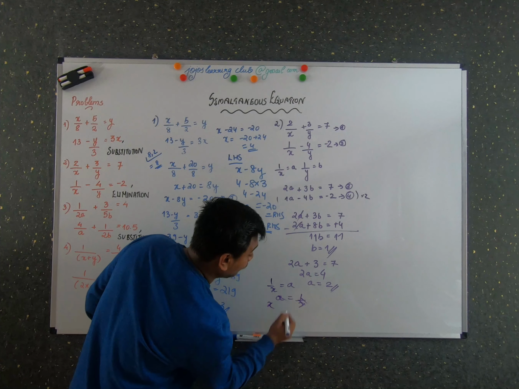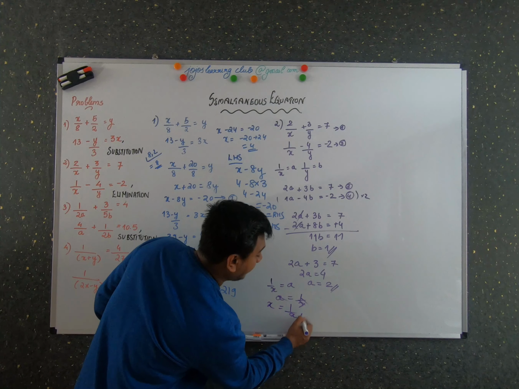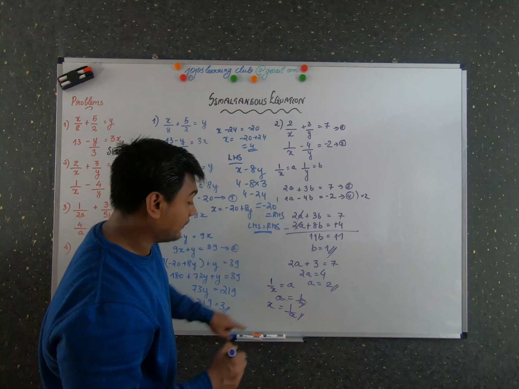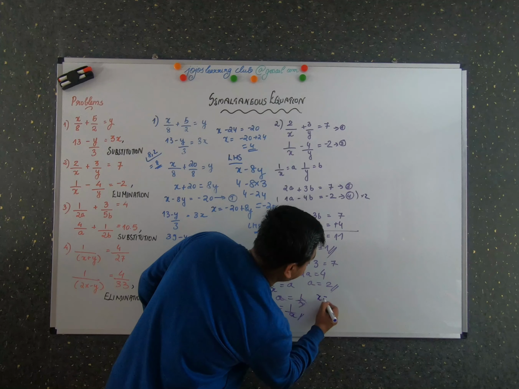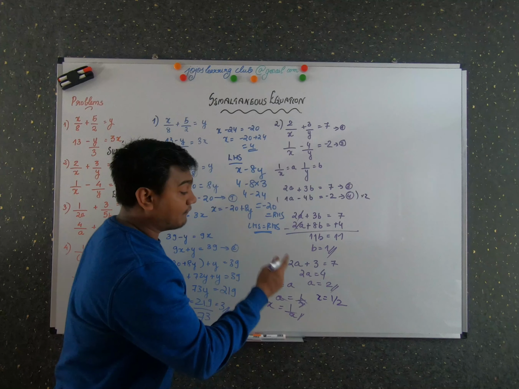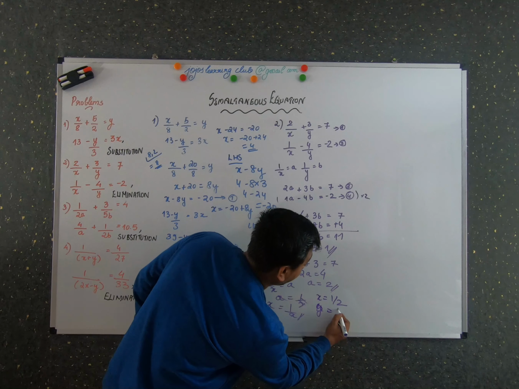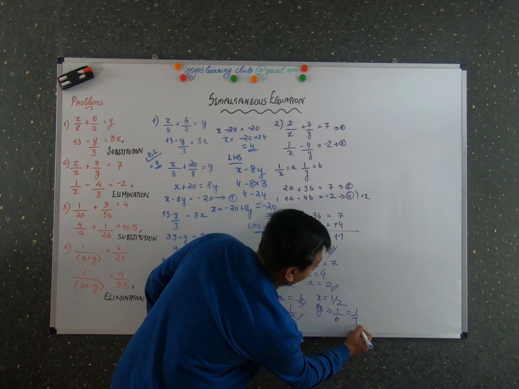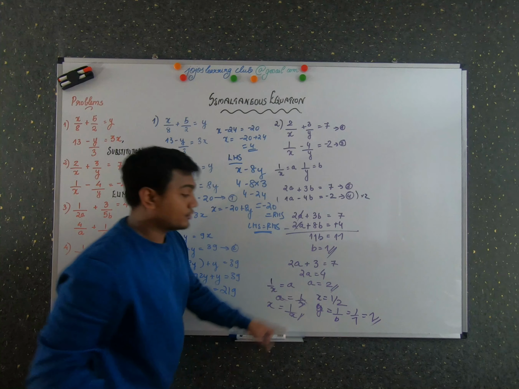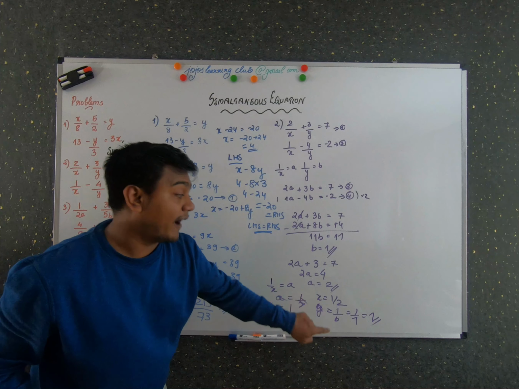So x is equal to 1 by a; you can just take the reciprocal of it. So the value of x is 1 by 2, and the value of y is 1 by b, that is 1 by 1, which is equal to 1. So x is equal to 1 by 2 and y is equal to 1.